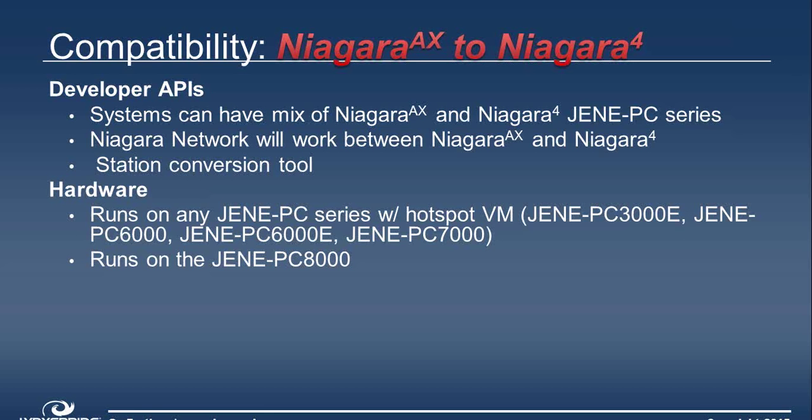For the hardware, and we'll emphasize this again later, the biggest thing to know about Niagara 4 hardware is that it has to run on a Jenny that contains the HotSpot virtual machine for Java. This currently includes the PC 3000E, the PC 6000, PC 6000E, and PC 7000. It will also run on the new PC 8000 at launch.